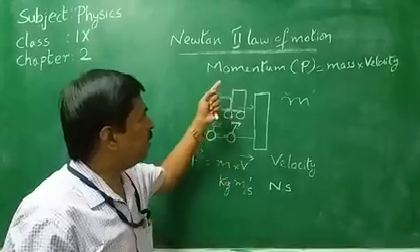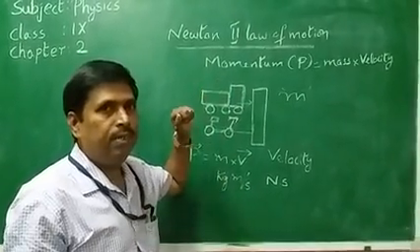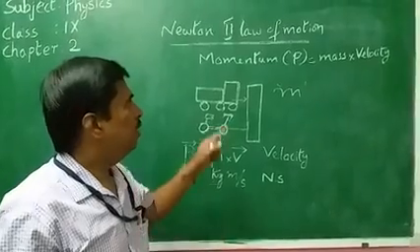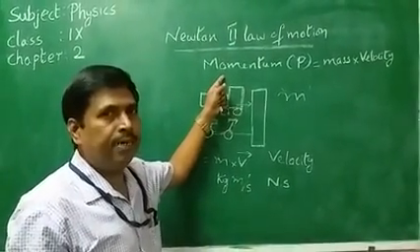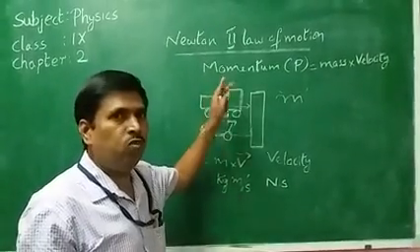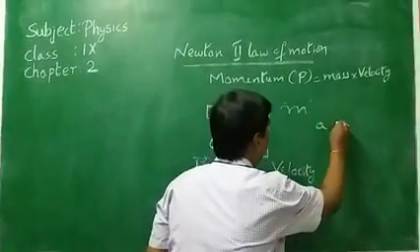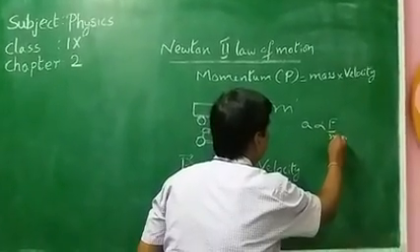So basing on this concept of momentum, you have Newton's second law of motion. Applied force is directly proportional to rate of change in momentum. That is said to be Newton's second law. You can explain Newton's second law in two forms. One is acceleration is directly proportional to force and inversely proportional to mass of the object.